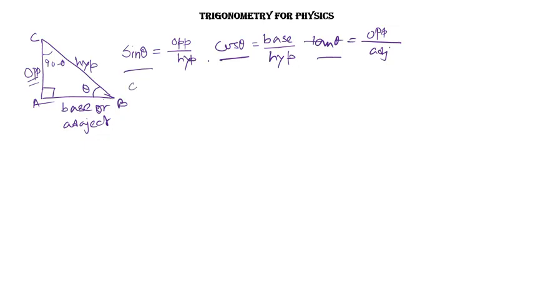Sine has the reciprocal cosec theta, which is hypotenuse by opposite. We have sec theta, the reciprocal of cos theta, which is hypotenuse by adjacent. And we have cot theta, which is the reciprocal of tan theta, nothing but adjacent by opposite.